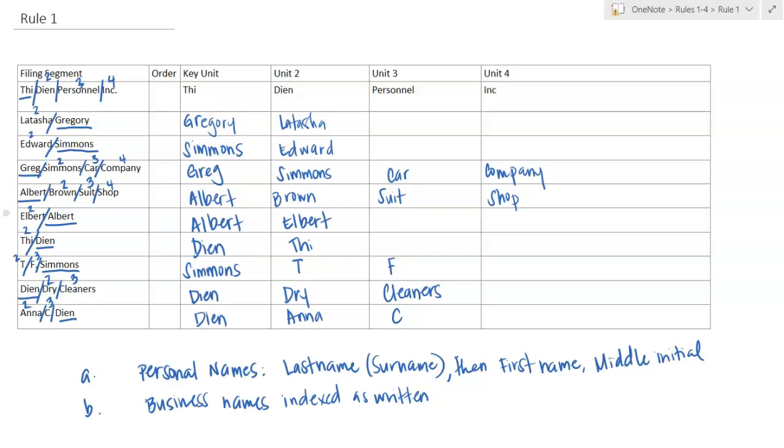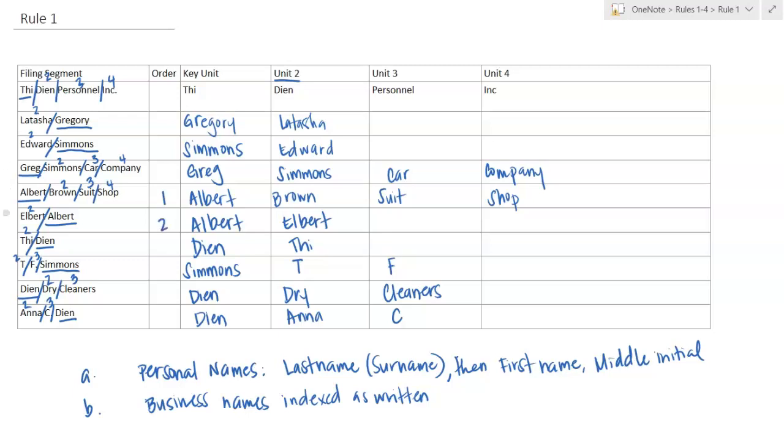And because we have two Alberts here as a key unit, to figure out which one is going to be filed first, we then need to look at unit 2. Of these two names, I want to see, does B come before E, which it does, and so Albert Brown Suit Shop is going to be filed first.